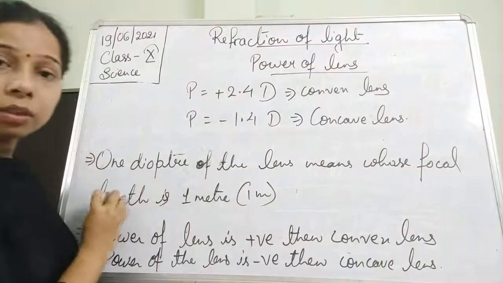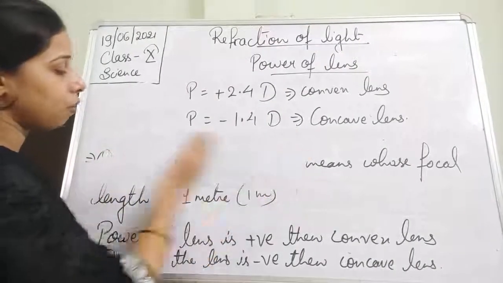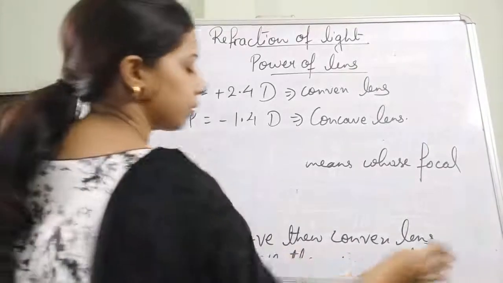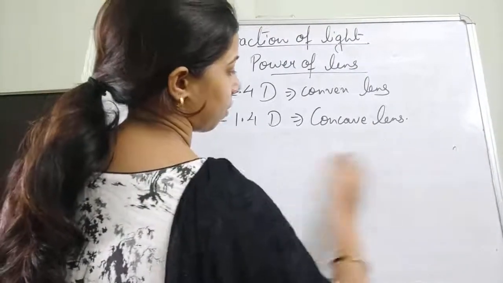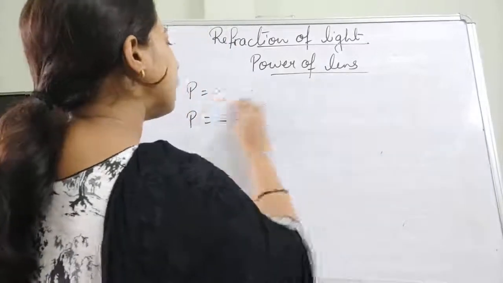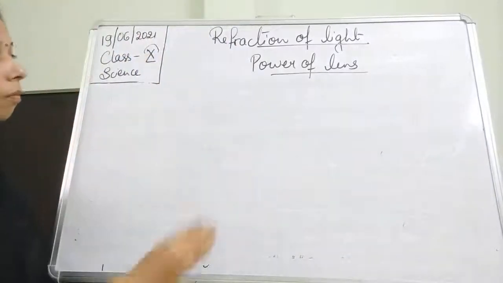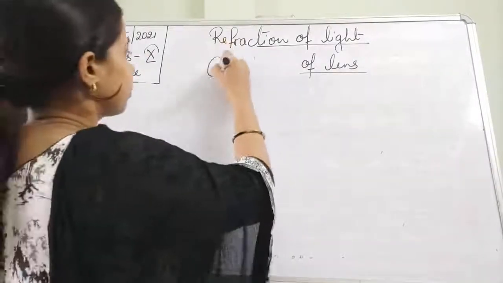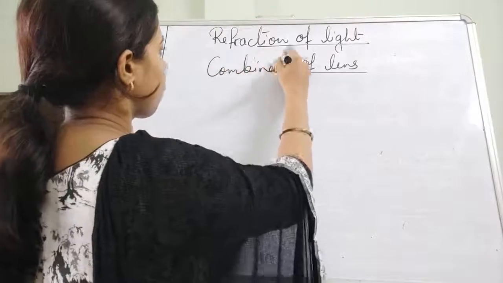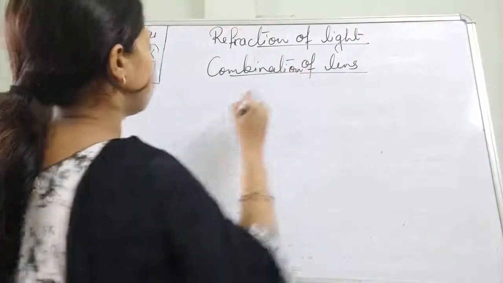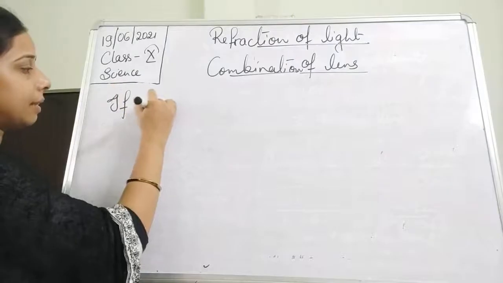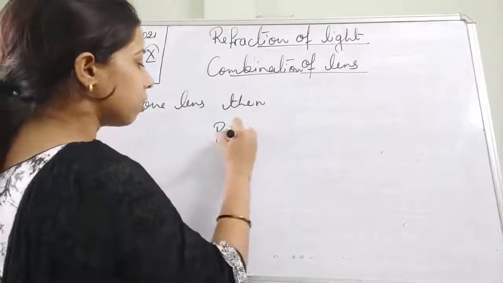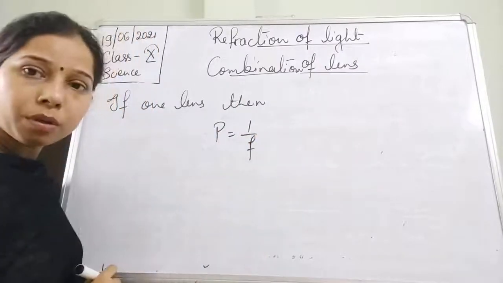Now here one more thing is there, student, and that is the combination of the power of lenses. Suppose if one lens is there, then P is equal to 1 by F. We can find the power.